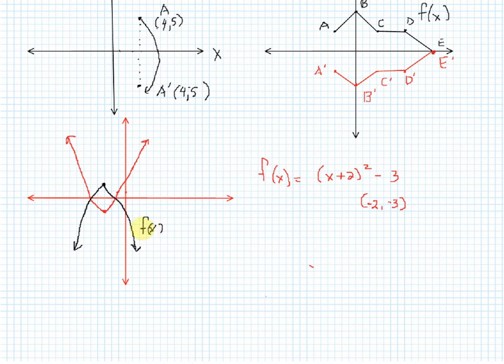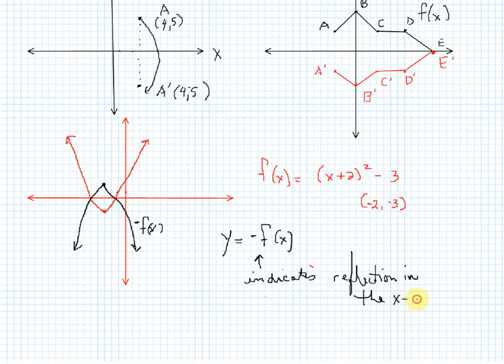Now, if we think of this in terms of the function, what we've graphed here is the negative f of x. So when you have y equal to negative f of x, this negative indicates a reflection in the x-axis.